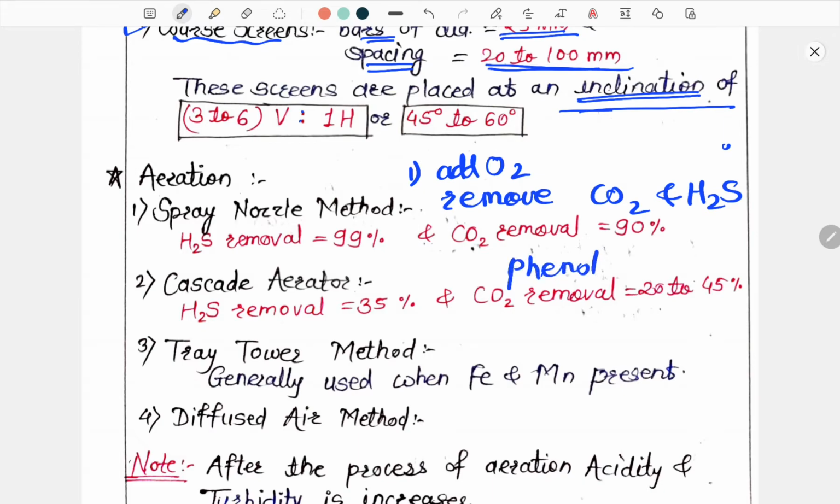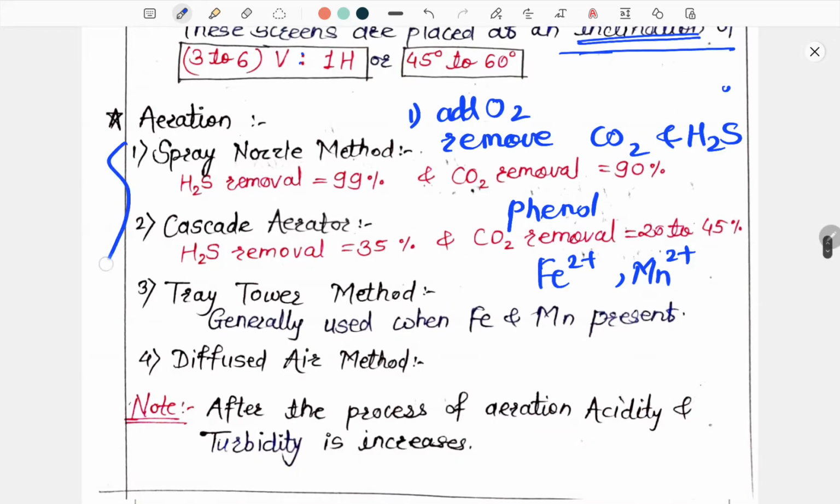Aeration can remove dissolved minerals like Fe2+, Mn2+, and aeration is also used to remove taste and odour from water. So aeration can be done by any of the following four methods.